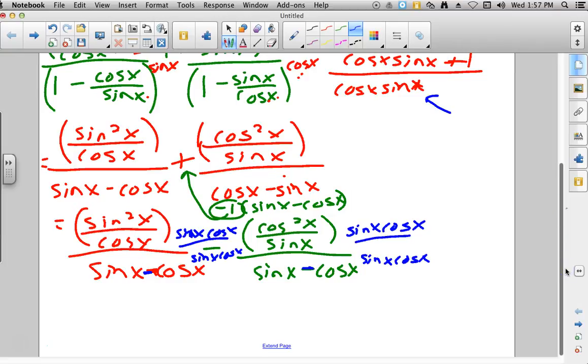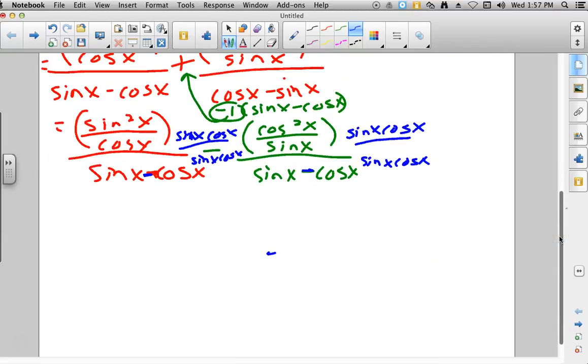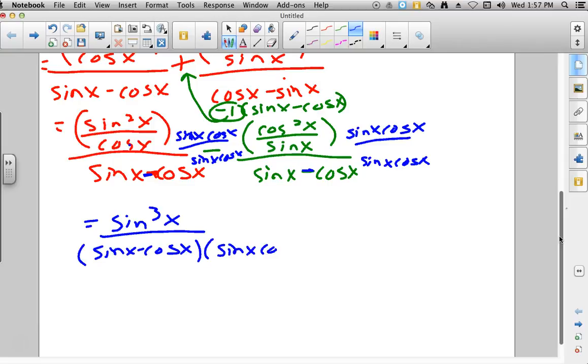So we go ahead and multiply this out, and there is some good that comes out of this, because now what we're doing is we're getting rid of a denominator in our numerator, because these two cosines are going to cancel right out, but now we'll have sine cubed x over sine x minus cosine x times sine of x cosine x.